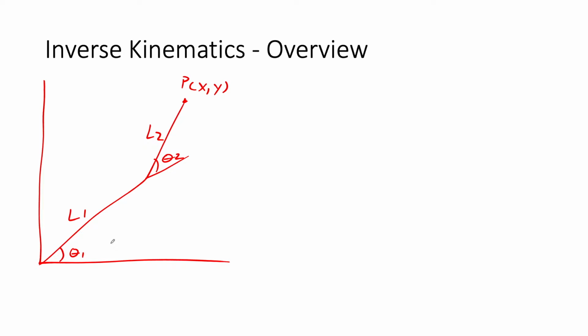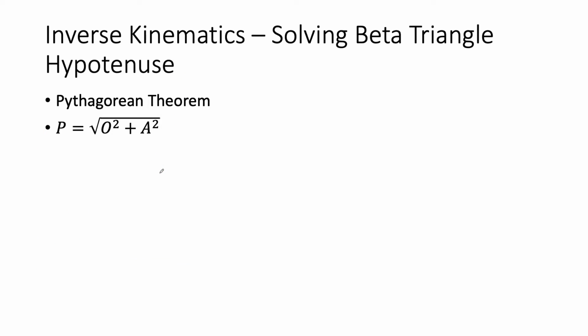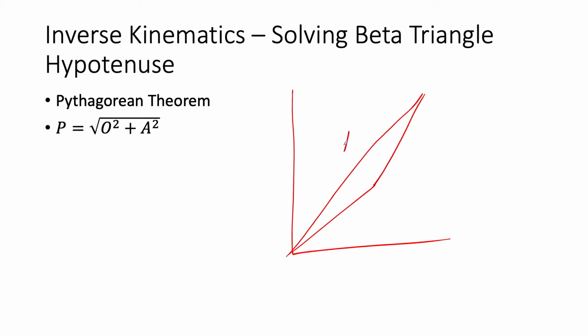This is a multi-step process. The first thing we want to do typically is find theta 2. Part of finding theta 2 is finding what this length is here.